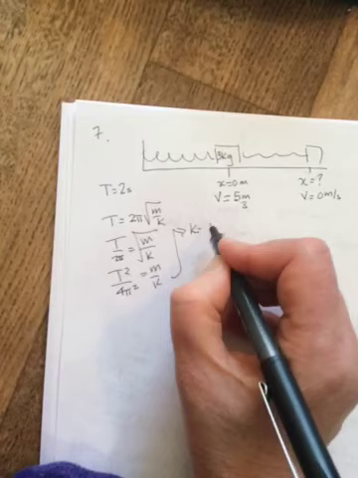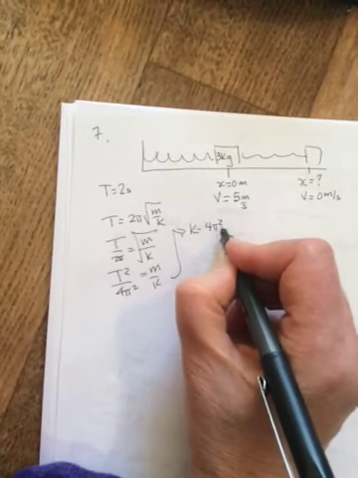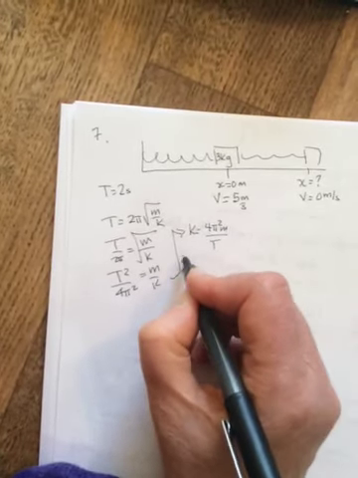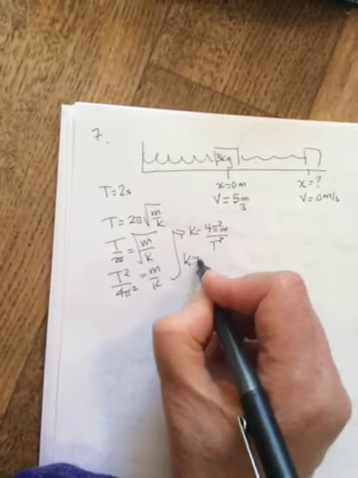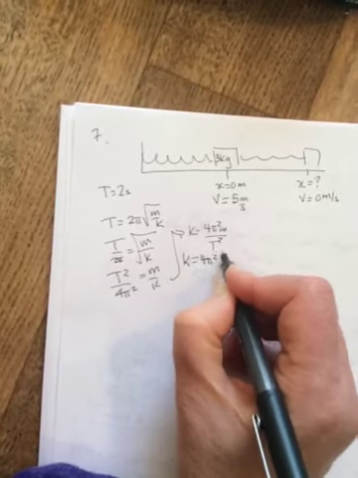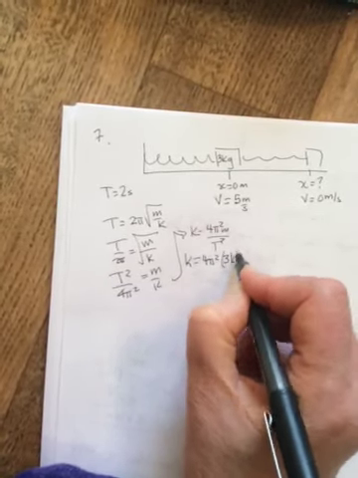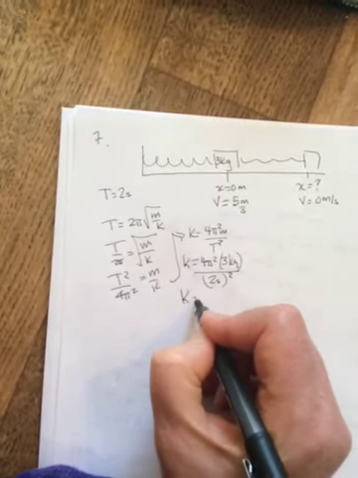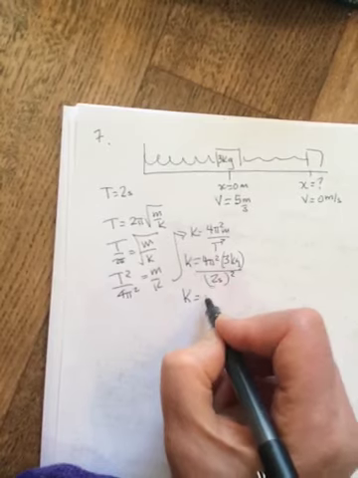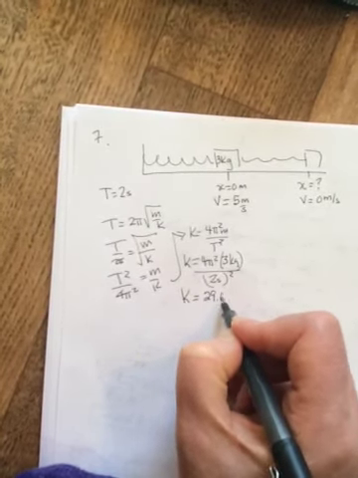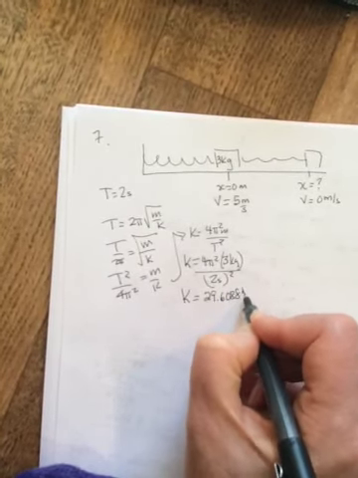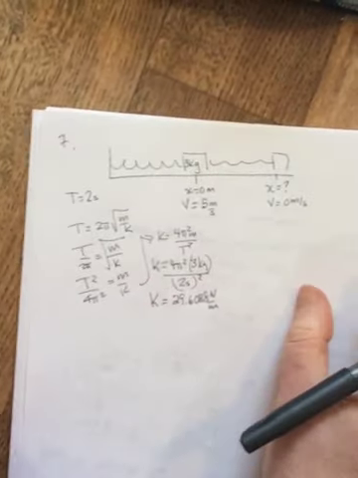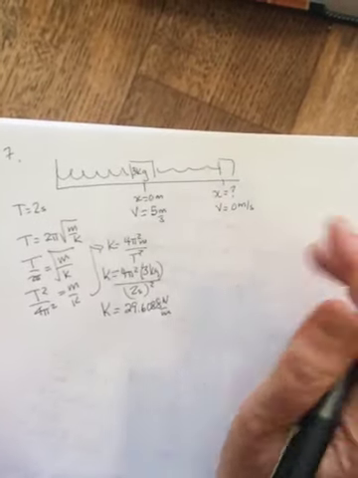So k is going to equal 4π squared m over T squared. So 4π squared, 3 kilograms over 2 seconds squared. And when you do this, you get a k of 29.6088 newtons per meter. So that's our k, but the question wants to know what's the amplitude.